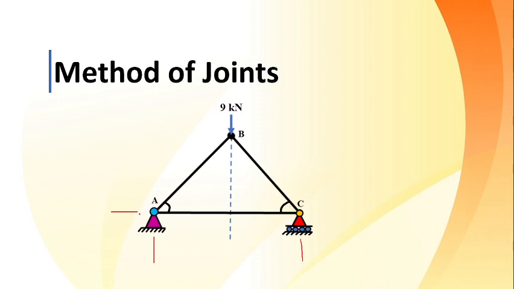Now if you remember in the analysis of the frame, I said in most of the cases we have to consider the equilibrium of the whole frame or the truss and find out the support reactions. So I assume these are the reactions here and all these reactions are to be initially found out. These are the three reactions.